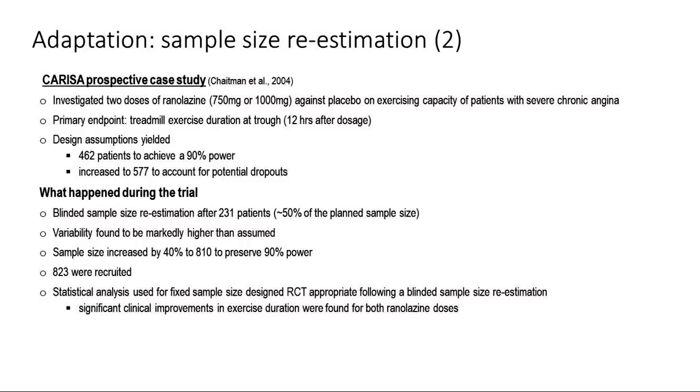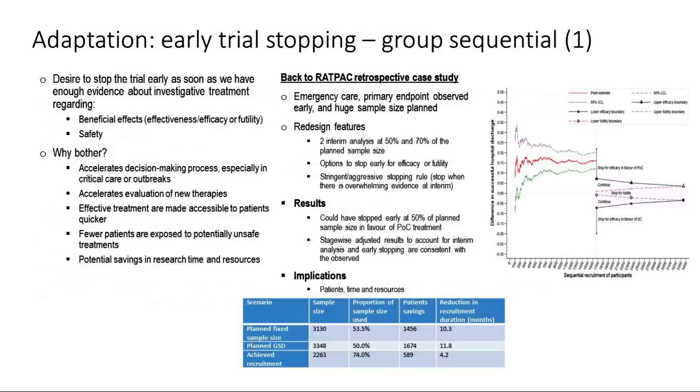So they had to increase the sample size by 40% to 810 in order to address their research question. At the end of the day, they managed to show that actually the 2 doses that they were investigating were all clinically important for patients to use. So it's another case study that can be used. Now, we go back again to the RADPAC trial.